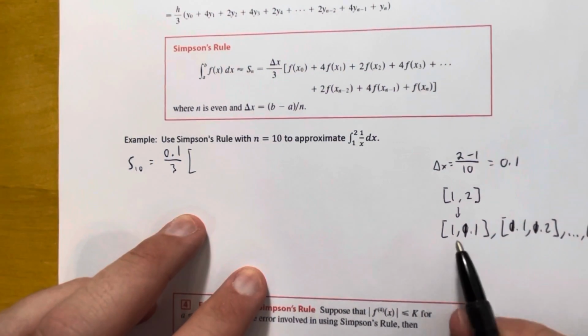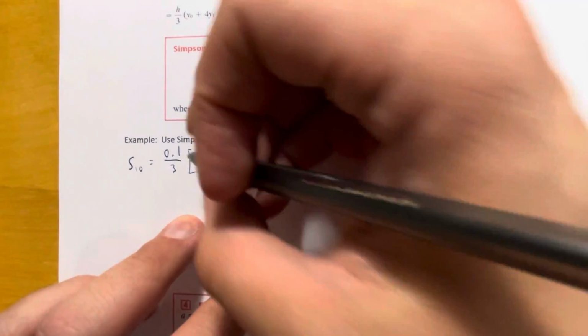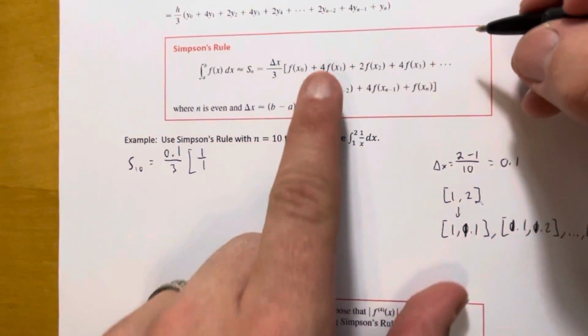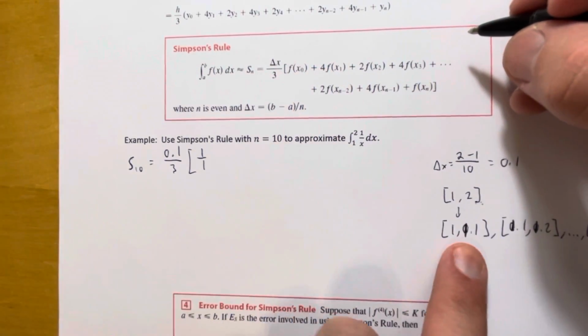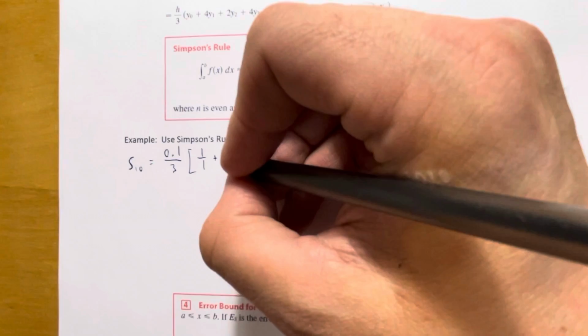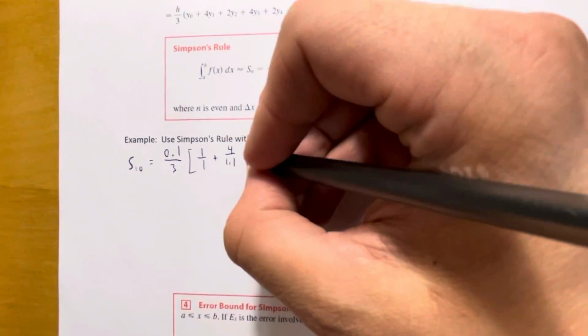Okay, so my first endpoint is just 1. f of 1 looks like 1 over 1. Then I have 4 times f of 1.1. So that's plus 4 over 1.1 for this function.